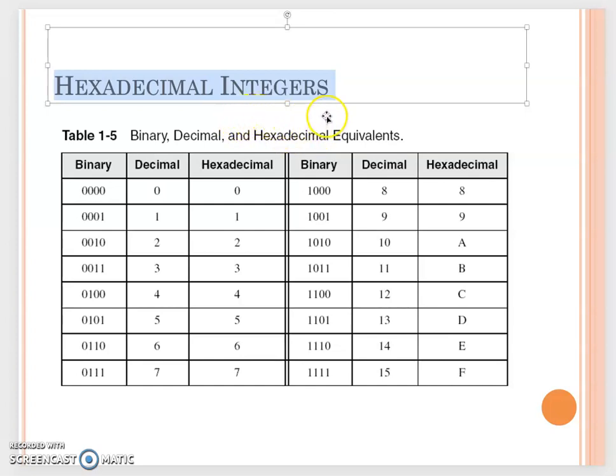Since humans only understand up to 9, in order for hexadecimal to go beyond 0 to 9, we use A, B, C, D, E, F. A represents decimal value 10, B is 11. So you have 0 to 15, using 0 to F. In total you have 16 different values.